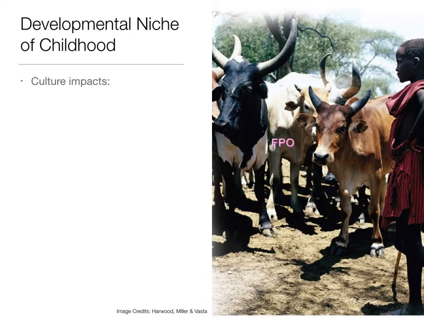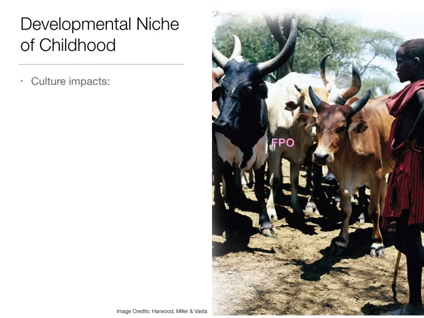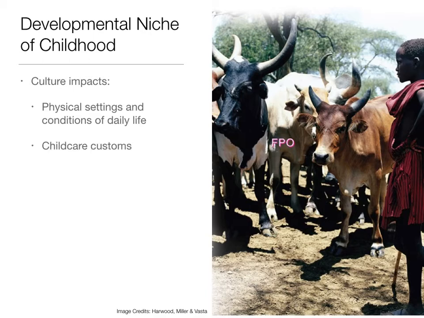It's also important to remember the effect of culture. When we were talking about the macrosystem, it's important that cultural information is playing a role. That can be things on more of a microsystem level, like the physical settings and the conditions of life, but also larger things like childcare customs.